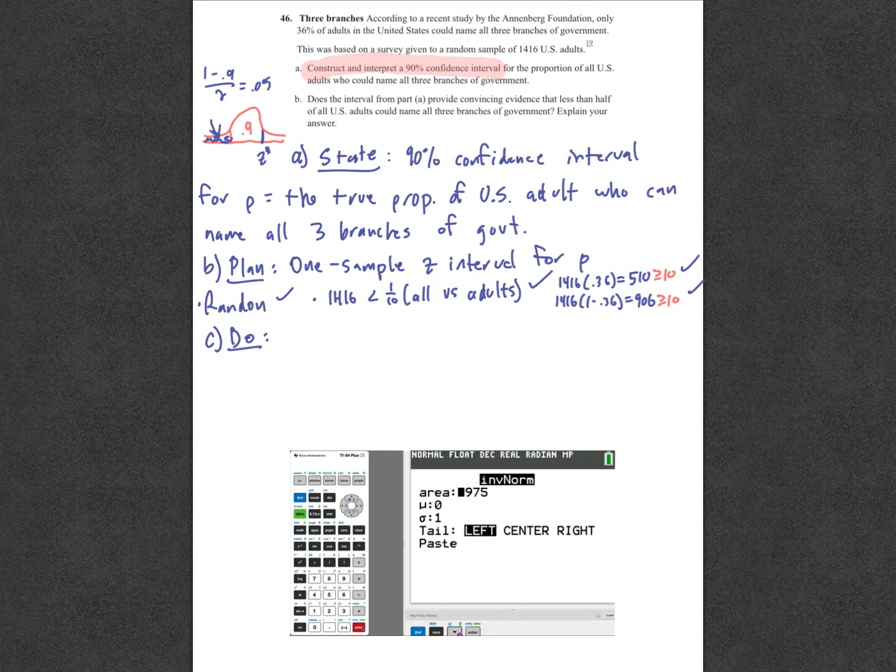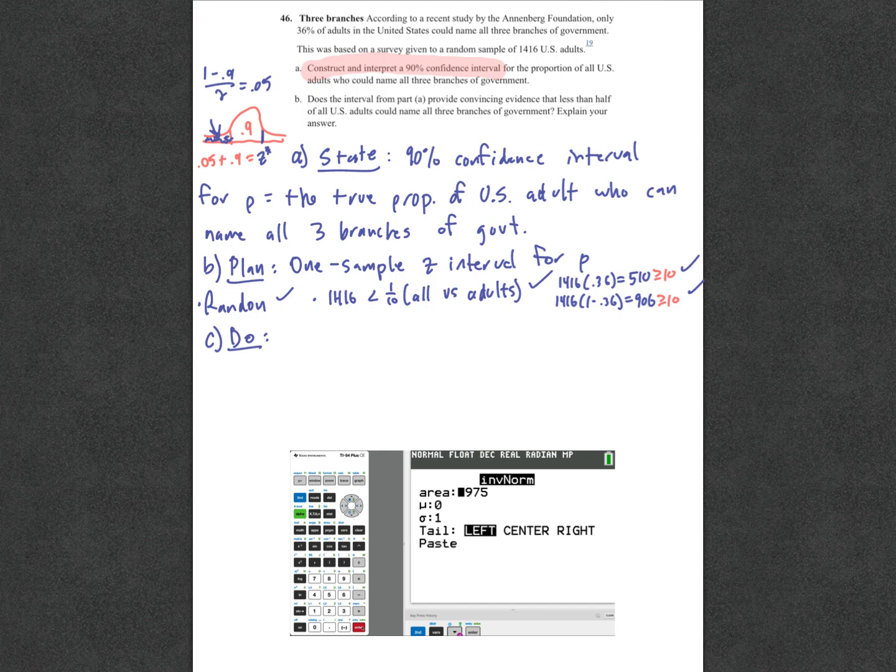So our Z star that we'll use is going to be 0.05 plus 0.9.